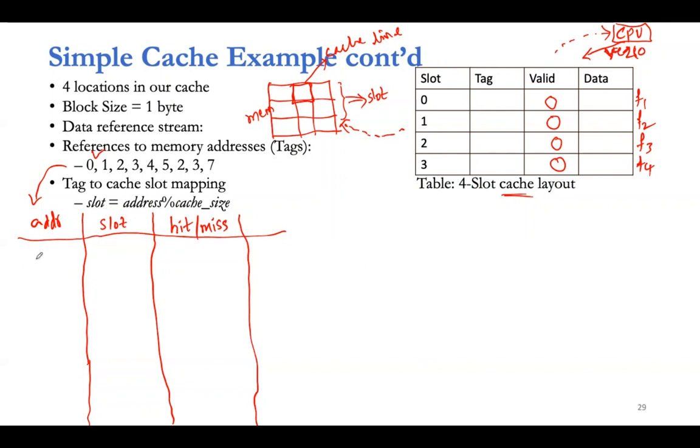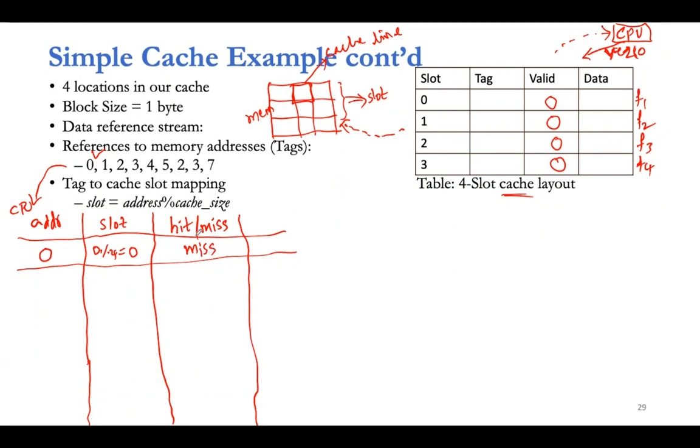In that slot, it calculates 0 modulo 4, which gives the value 0. So in slot 0 there is 0 here, so no data is there. That means the data is missed in the cache.